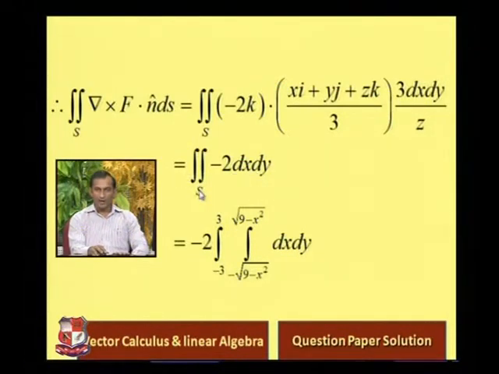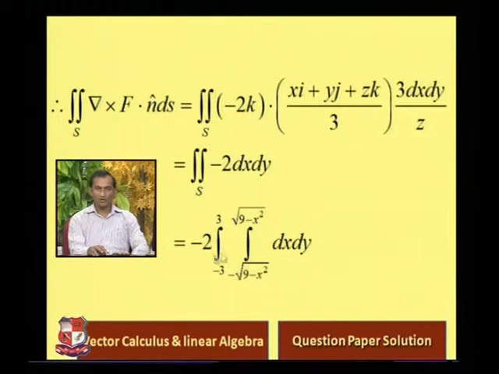Now S depends on the circle x square plus y square equal to 9. So to find this double integration, apply a vertical strip. Minus 2 is common.